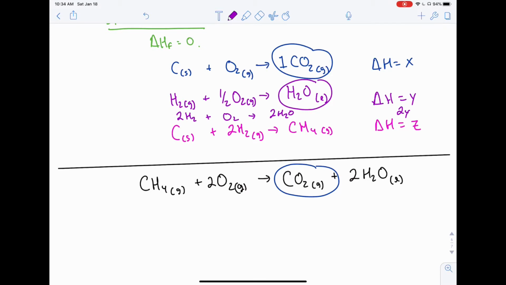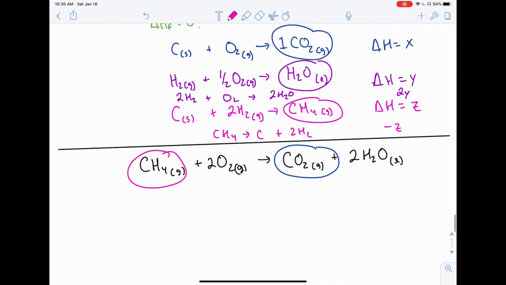And the last reaction, CH4, needs to be reversed. So CH4 yields C plus 2H2 is negative Z. Okay, so would you agree that the delta H of this reaction is X plus 2Y minus Z? Okay, are we in agreement on that?